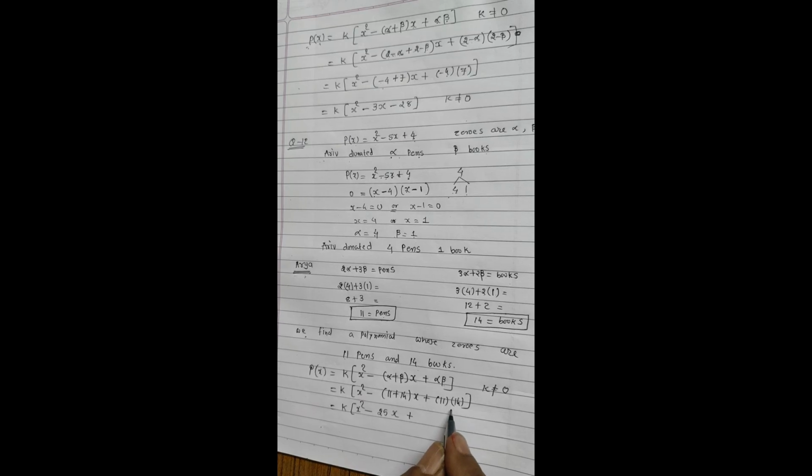Now 14 into 11. Multiplying 11 with any number is very easy. 14 multiplied by 11 will be 154. K is not equal to 0. So this is your answer.